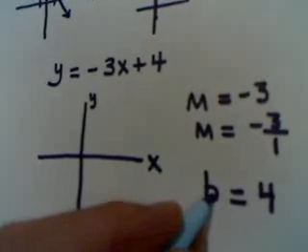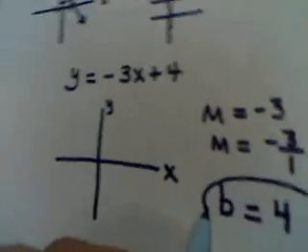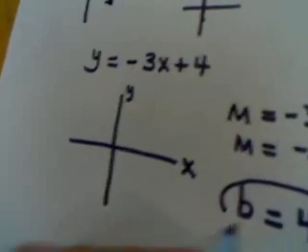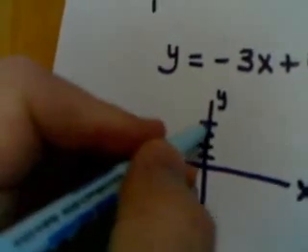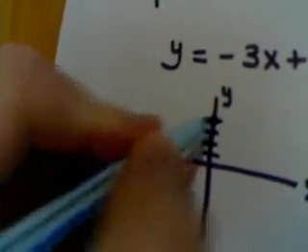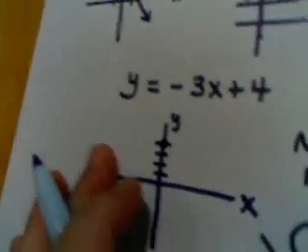So we begin our line by locating the y-intercept, which in this case is 4. So we go to graph paper, and on the y-axis we find the number 4, and we put a dot there. That is my y-intercept. That is where I begin this process.